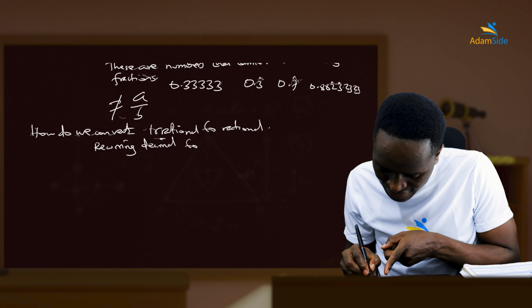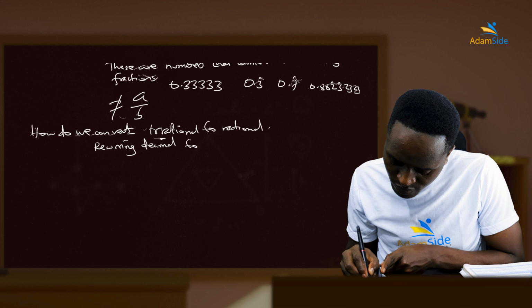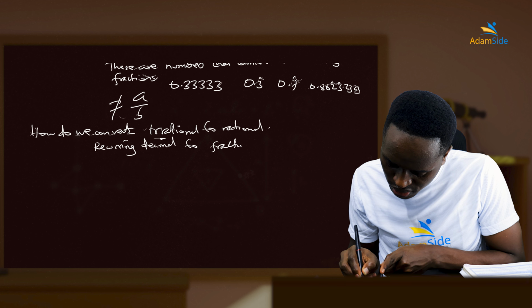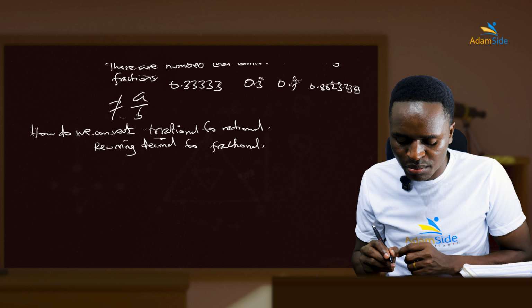How do you convert recurring decimal to fraction?